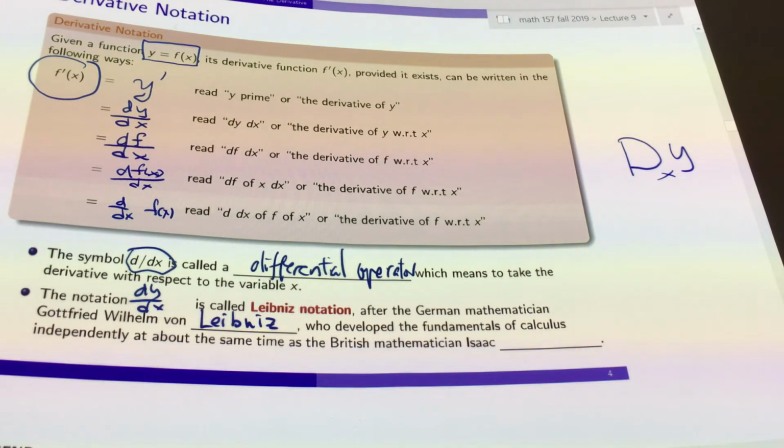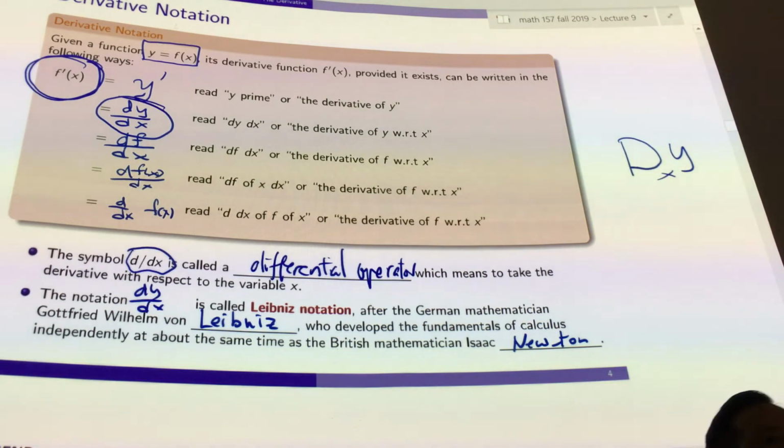Just two people, Newton and Leibniz, invented a similar theory of calculus at about the same time. So basically, mostly I will use f prime of x and sometimes dy dx. These are the two most common notations we use.